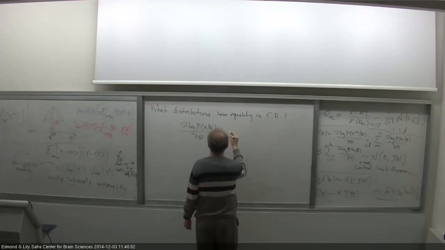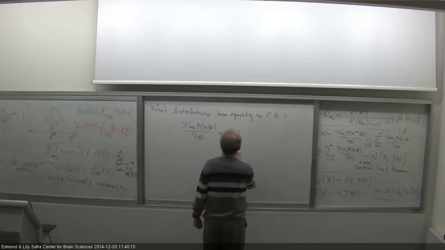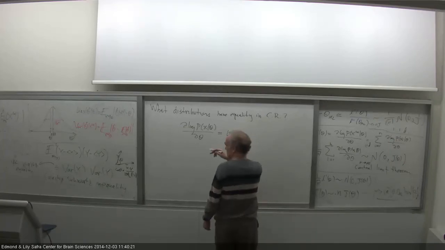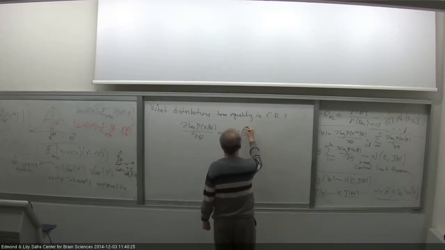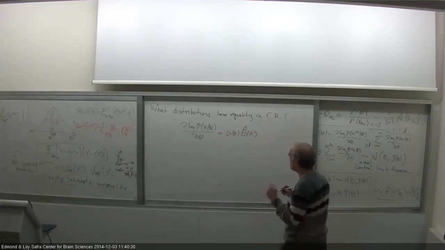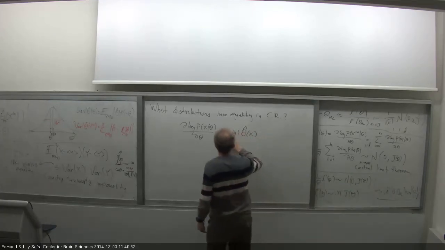So this is now as a function of x. There is some function of theta, let's call it a of theta, times the estimator. I should call it a, because b is the bias, so it's not a good choice. Let's call it a.